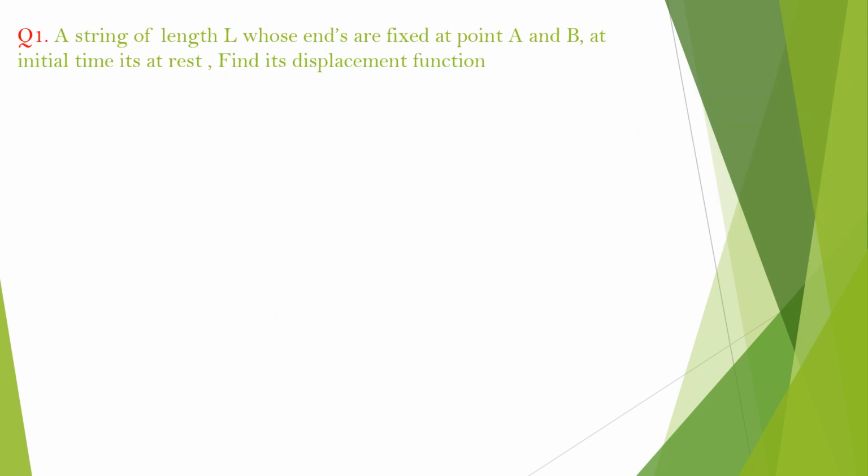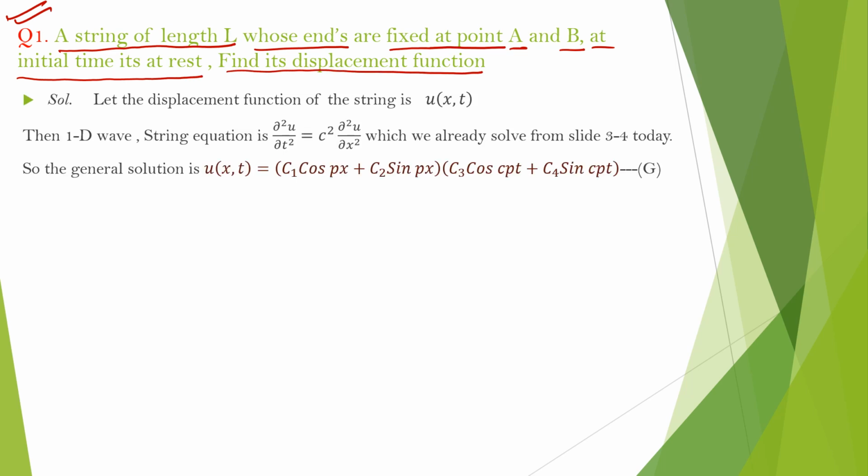Now we will consider one example: a string of length L whose ends are fixed at points A and B. At the initial time it is at rest. Find its displacement function.